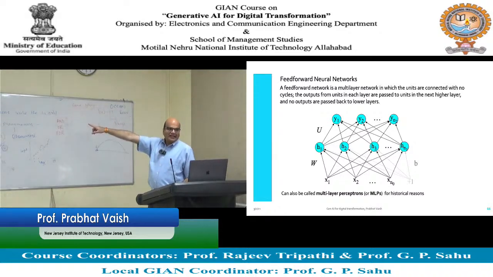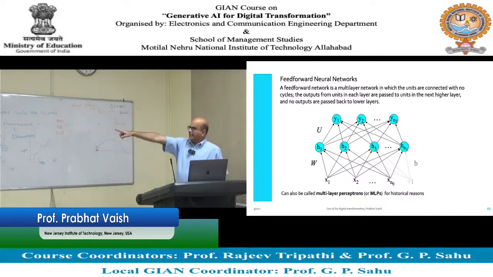That says this is the output of the nth neuron in the second layer. The first layer is hidden, the second layer is the output layer. So understand the representation, how exactly we are saying it. H1 is the first hidden neuron, H2 is the second, and so on and so forth. Hn1 is the nth hidden neuron in the first layer.